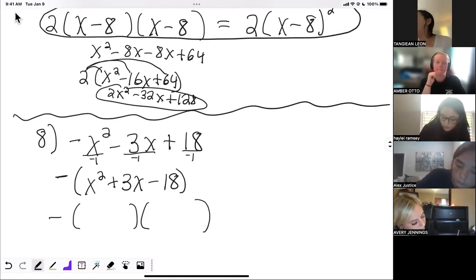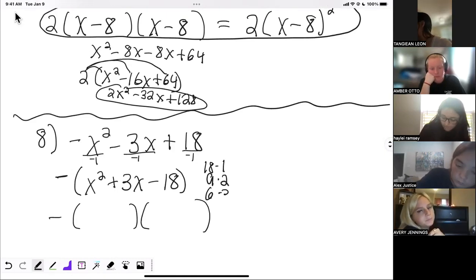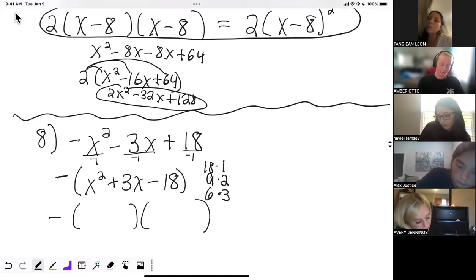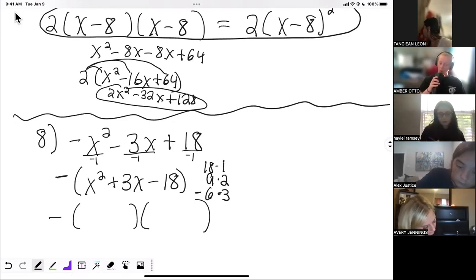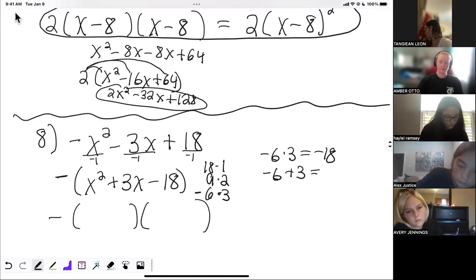Okay, so two numbers that multiply to be 18 but add up to be 3. So 18 could be 18 and 1, 9 and 2, 6 and 3. Well, the two that will make a 3 when I add them together would be a -6 and a +3. So -6 times 3 is -18, but -6 plus 3 is going to be, oh, I did it backwards.